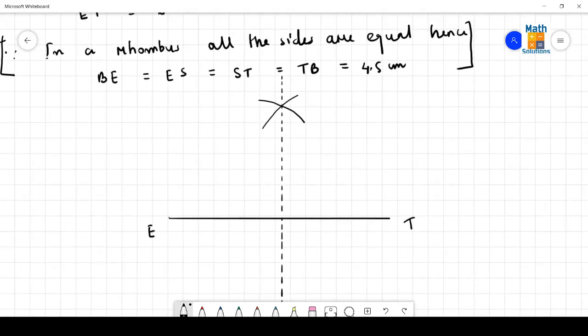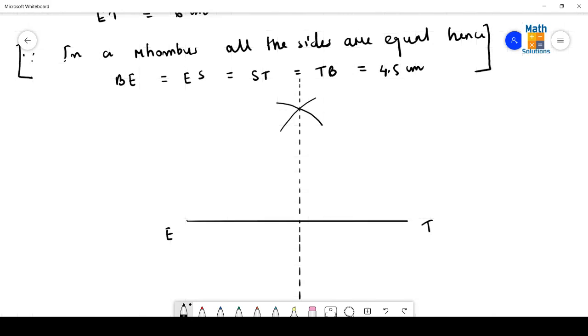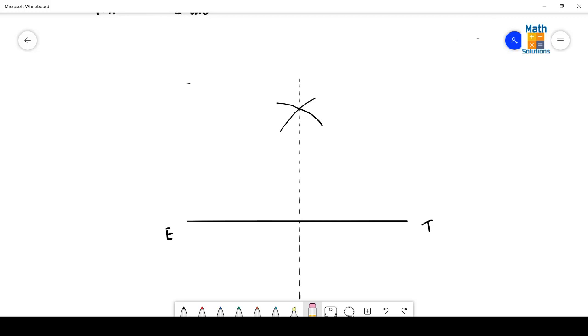For the time being, let us remove this part. This is, if not written, then also there is no problem. We can remove this part. Just for your better understanding, I have given this part, so we can remove this. So after this, I have to take the scale here.